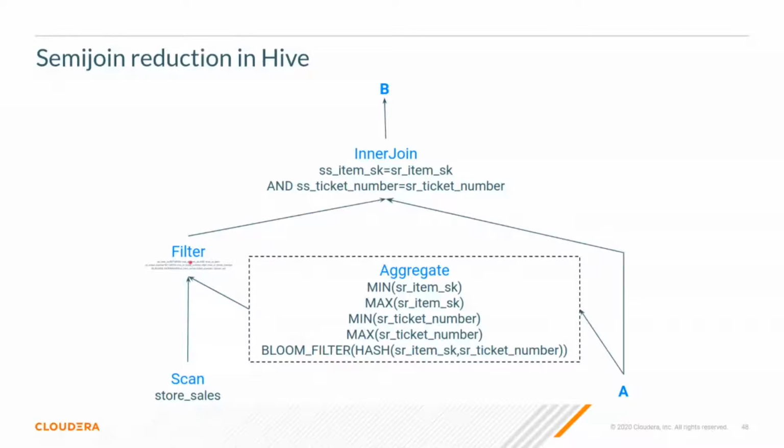On the side of the fact table, the filter looks like this. For each column we have a conjunction with a between predicate that verifies that the column value is between the min and max coming from the aggregate. And then after we verify the between condition for both columns, we perform a lookup in the Bloom filter.